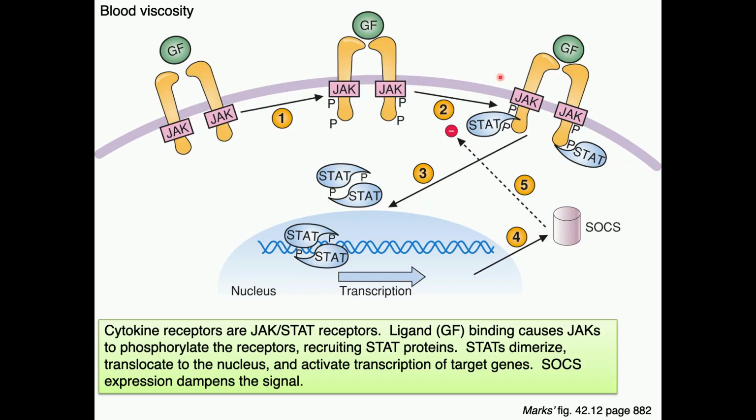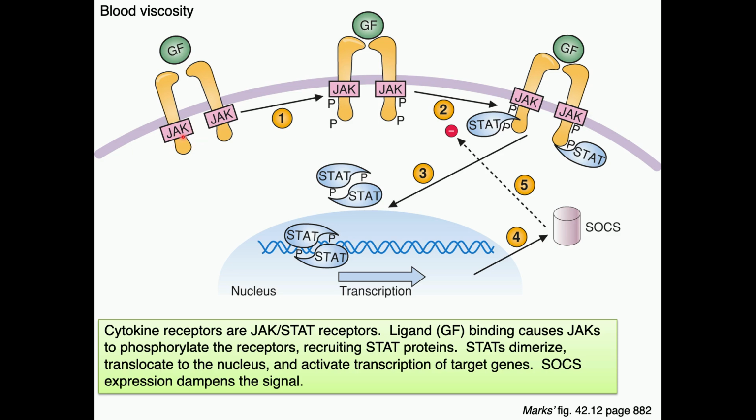So this is similar to cytokine receptors, so this is a common receptor organization, and I like to think of it as a tyrosine kinase receptor and a steroid receptor having a baby, right? Because there's elements of both. So a cytokine or erythropoietin or what have you, a ligand, binds to the JAK-STAT receptor.